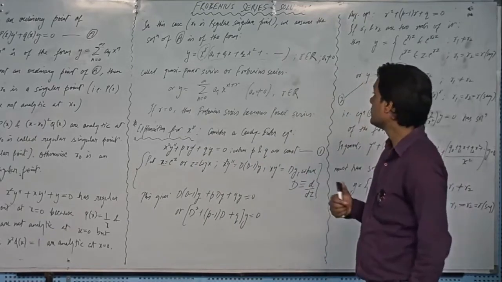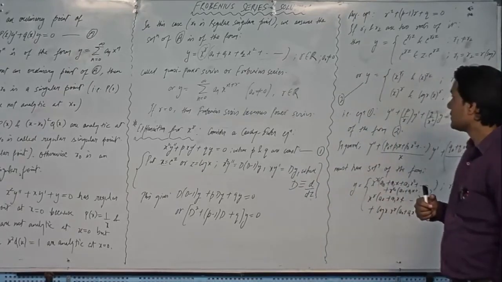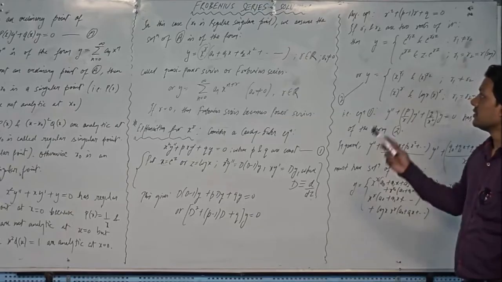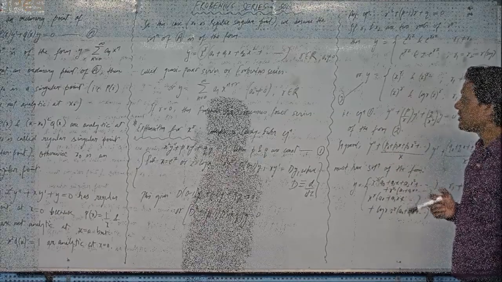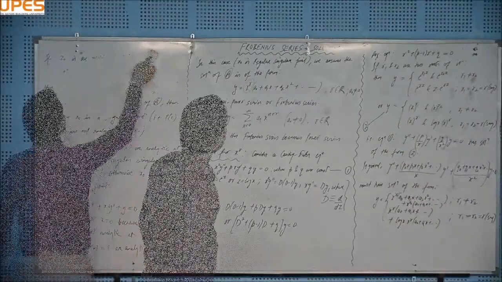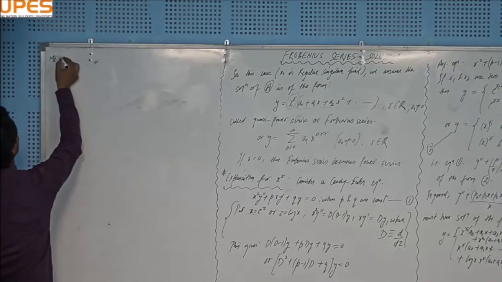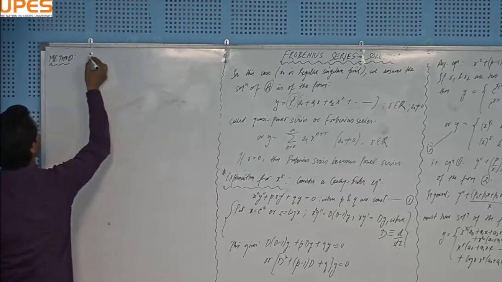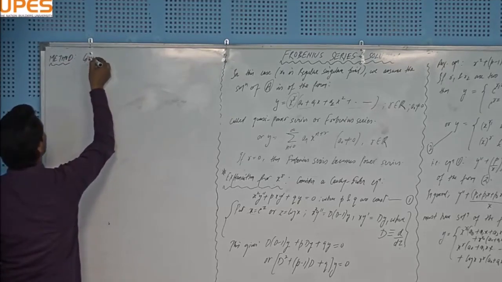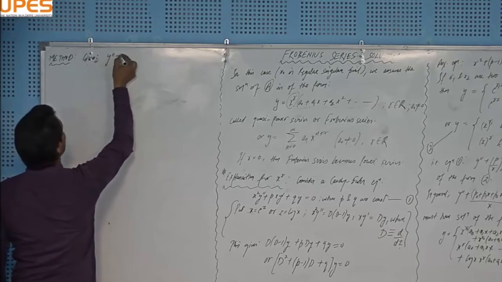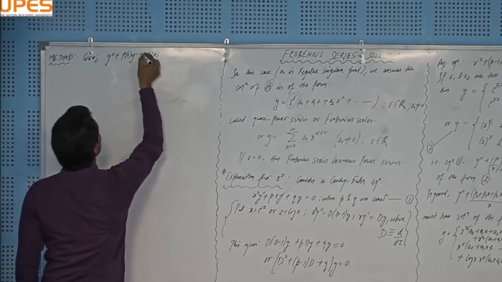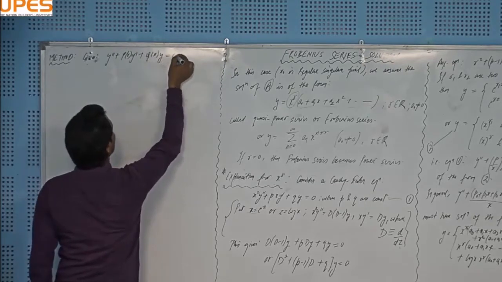So now I will write a method for how to solve a differential equation when we have a regular singular point. Method, right? So we are given the differential equation in this form, y double dash plus p(x) y dash plus q(x) y equal to 0.